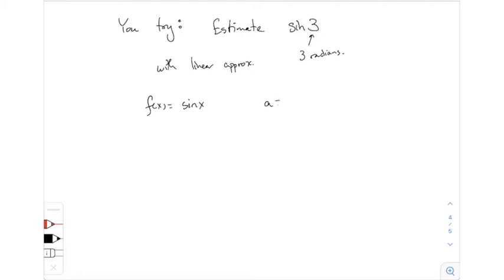And the a is a number that's close to 3 in radians that you already know how to find the sine of. What did you think? Some number close to 3? I know a lot of you wrote it down. Shout it out. Pi, yeah. Say it proud. Pi.